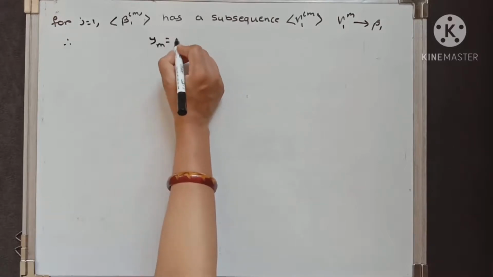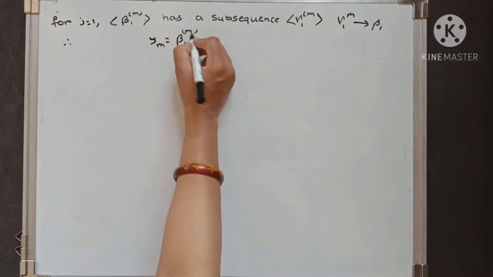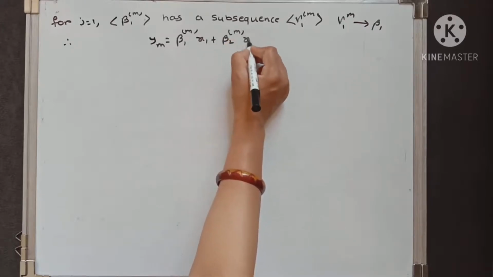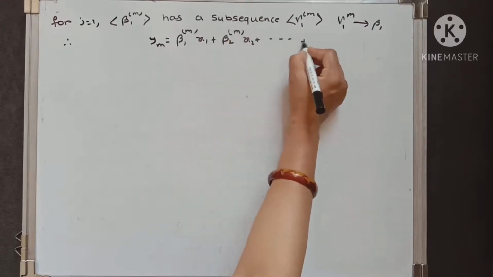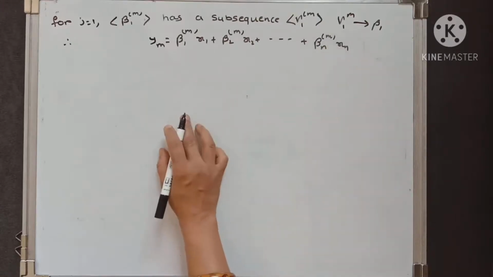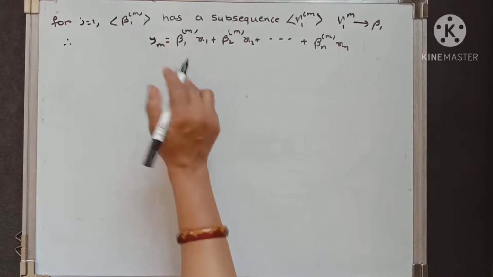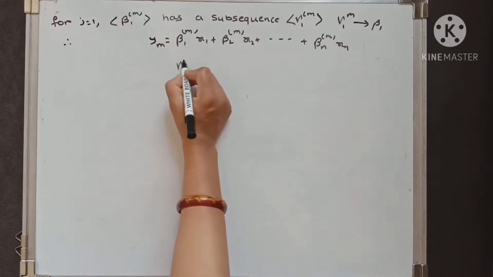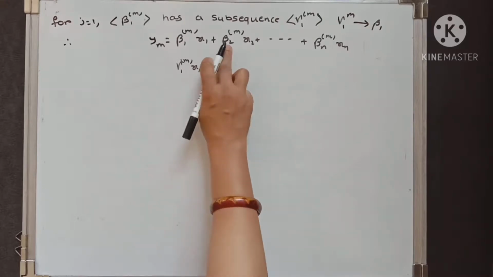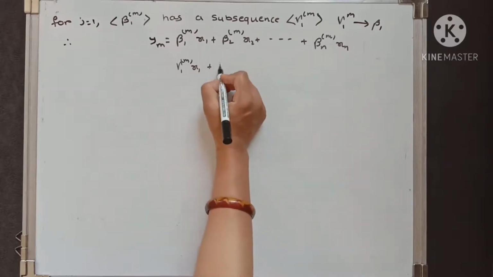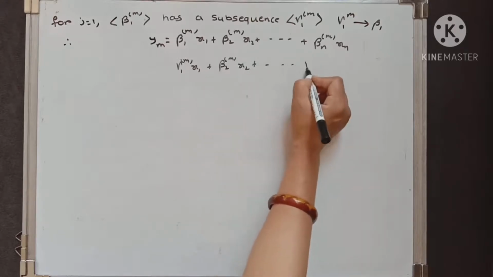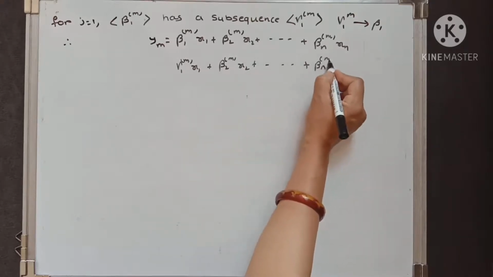And therefore, as ym equals beta 1m x1 plus beta 2m x2 up to plus beta nm xn, and here beta 1m has a subsequence gamma 1m, so gamma 1m x1 plus, here all the scalars remain as they are, beta 2m x2 up to plus beta nm xn.